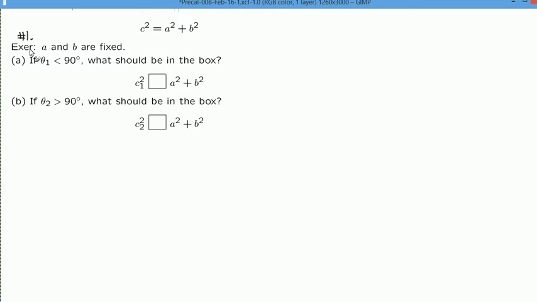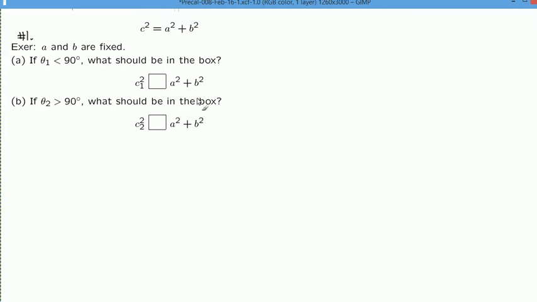C is the hypotenuse, A and B are the two legs, the two adjacent sides of the 90 degree angle. Now if you squeeze that angle slightly smaller than 90 degrees, A and B never change. So A squared plus B squared in this squeezing scenario never changes. But C1 is a new side, the opposite side. They're not the same, right? They're only the same when it's a right triangle.